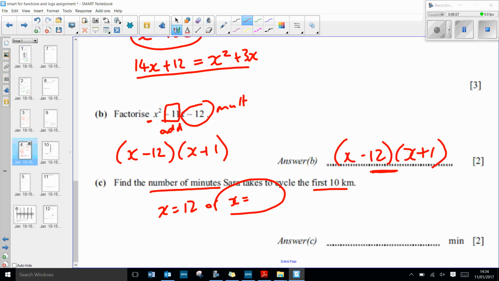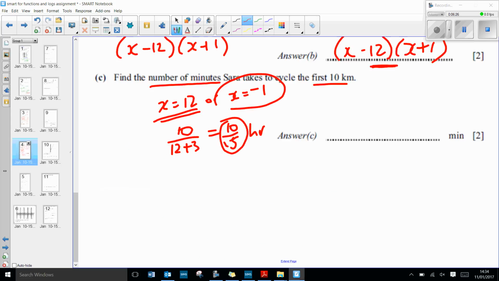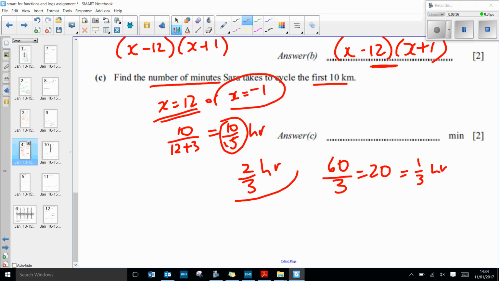You can't have a negative time, so therefore it would be x is 12, so that would be 10 over 12 plus 3, so it's 10 over 15, and that is hours. So 10 over 15 is 2/3 of an hour. 60 minutes divided by 3 is 20 minutes, it's 1/3. So 2/3 therefore would be 40 minutes.